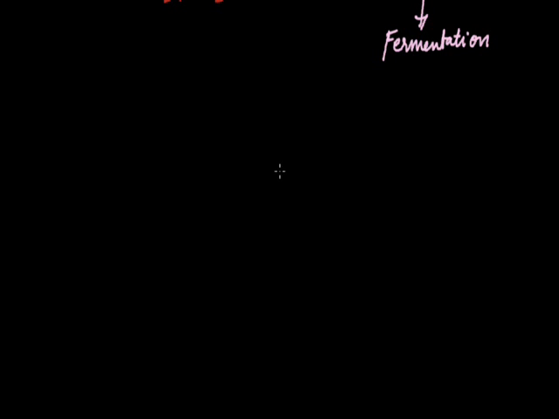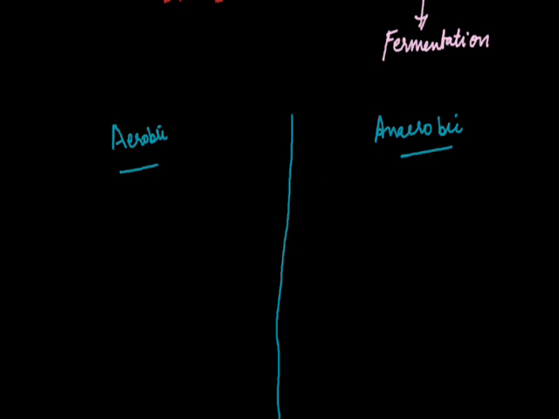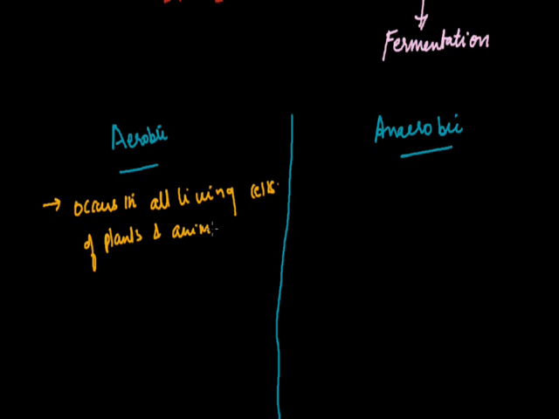Now, let us switch on to the points of differences between aerobic and anaerobic respiration. We are going to write down the differences in tabular form. The first point of difference is that aerobic respiration occurs in all living cells of plants and animals.